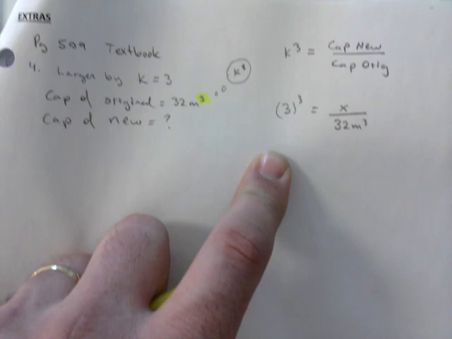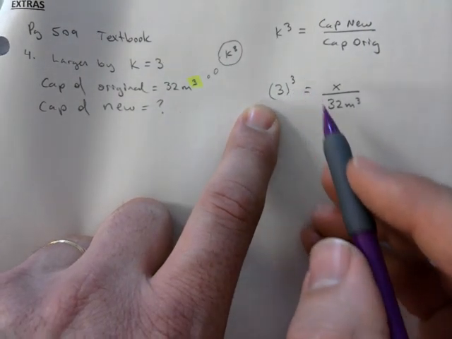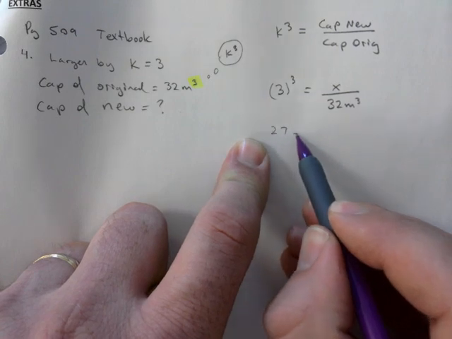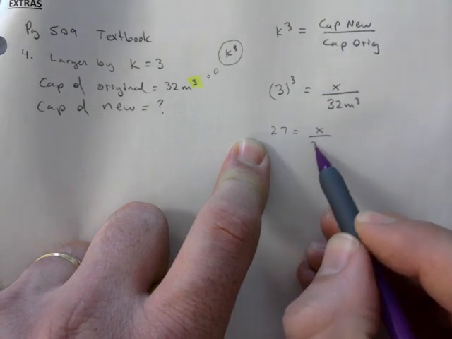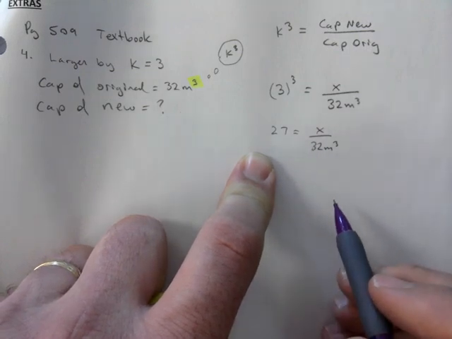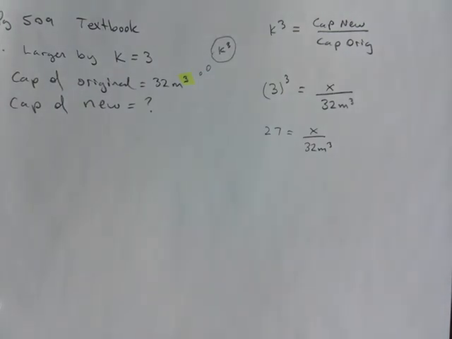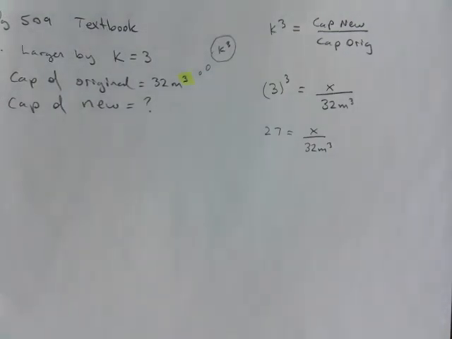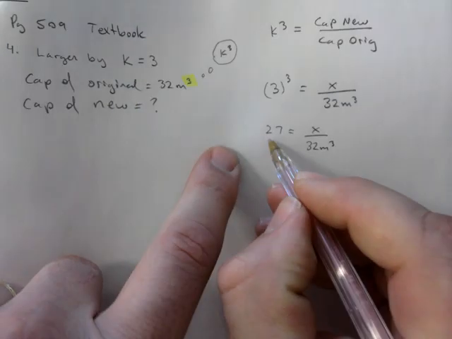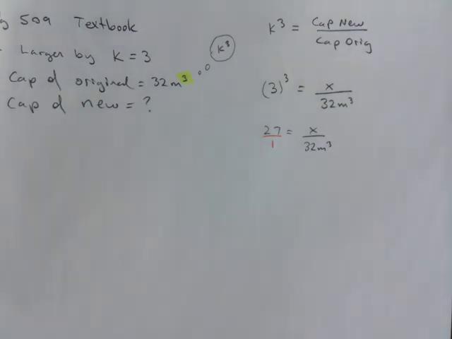Okay. So then you cube it, and that is 27, right? 3 cubed is 27 over 1, is equal to x over 32 cubic meters. And I don't know about you, but sometimes students miss the fact that 27 is really a fraction. It's a fraction over 1. So that's just a trick.